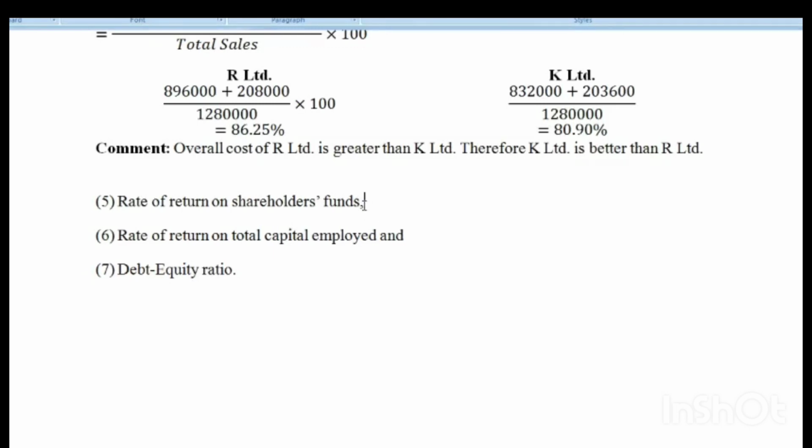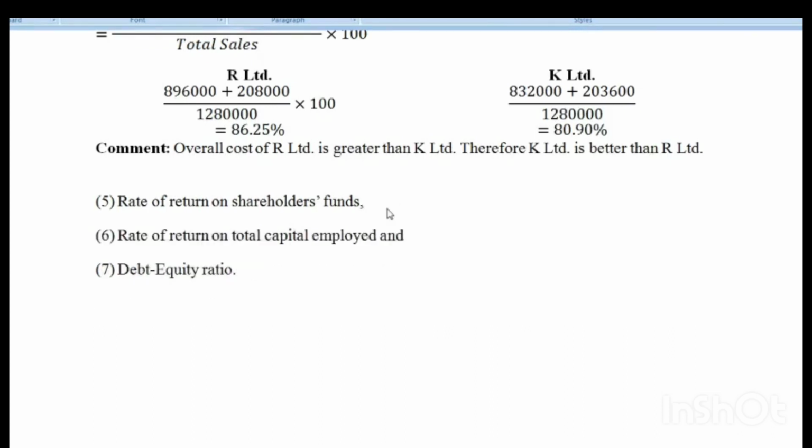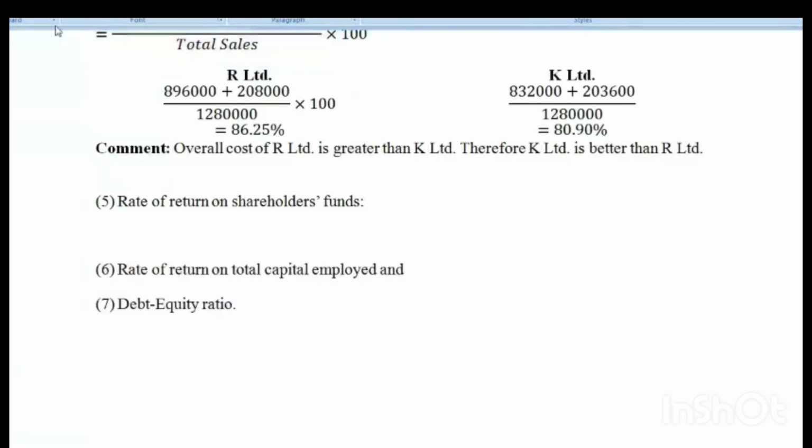Now the next ratio is rate of return on shareholders fund. What is the formula for it?